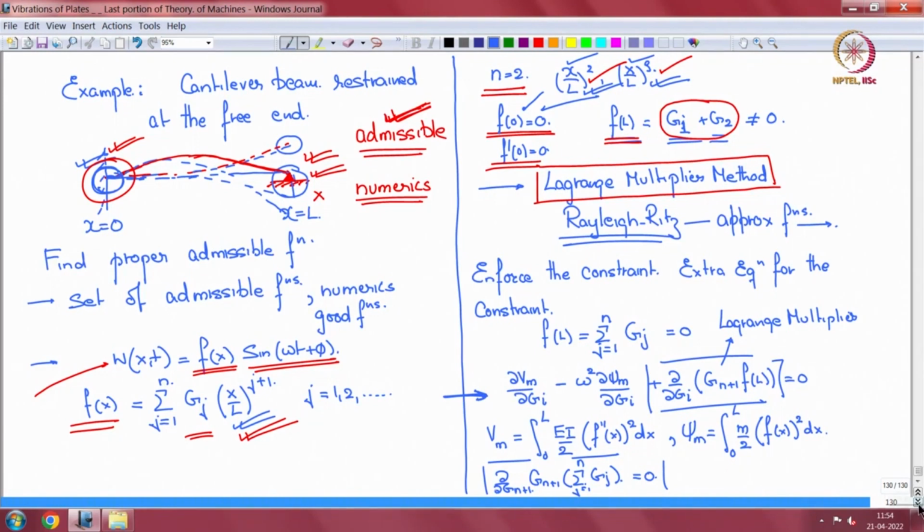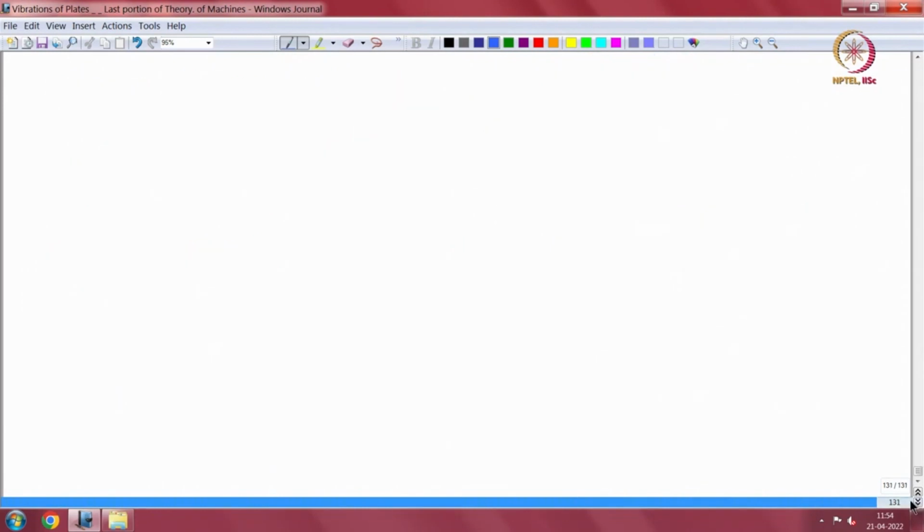So I will do an example for n equal to 2. So what is my f of x? That is equal to G1 (x/L) squared plus G2 (x/L) cubed. Then what is f dash?